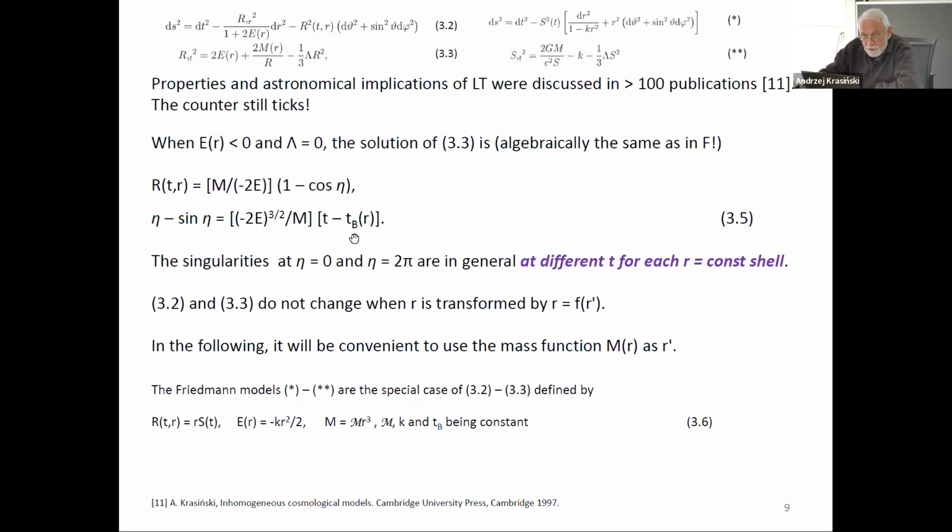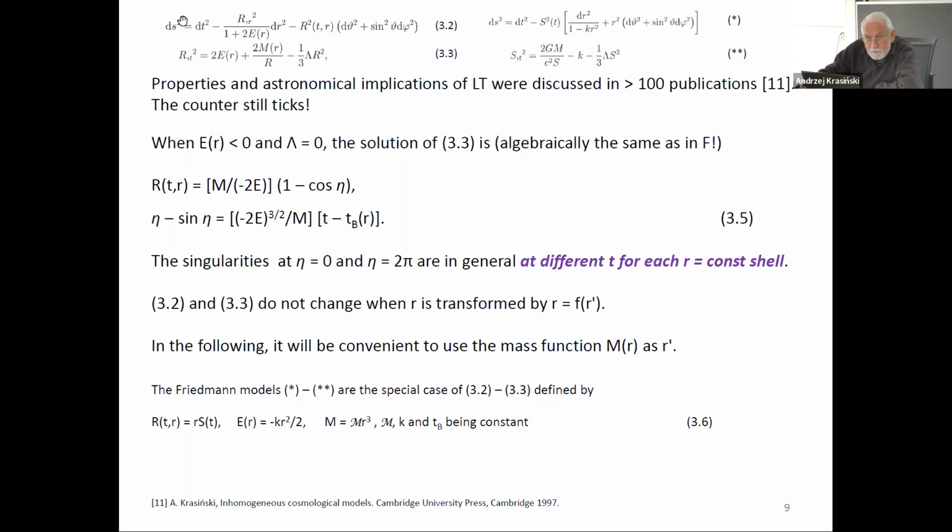And there is one more arbitrary function here that appears as an integration constant. And this is the Big Bang time. And as you can see, the singularities that occur at eta equal to 0 and eta equal to 2 pi are in general at a different time for each shell of constant r.